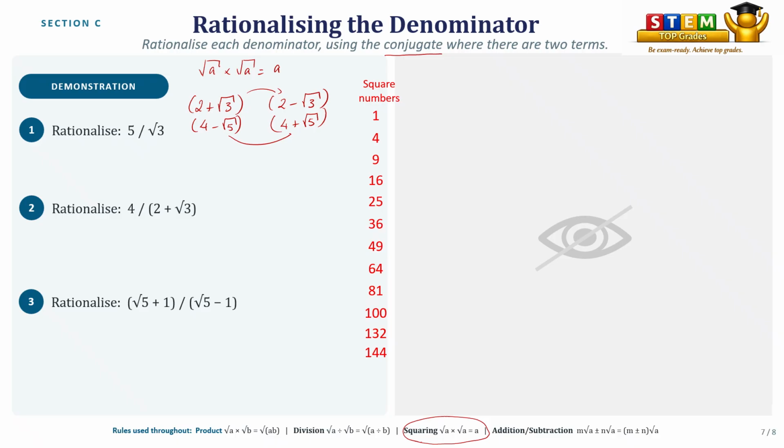All right, okay, so let us see why we're using conjugate. The reason for conjugate is we can apply this rule. So a plus b multiplied by a minus b gives you a squared minus b squared. And you may recall that this is called the difference of two squares.